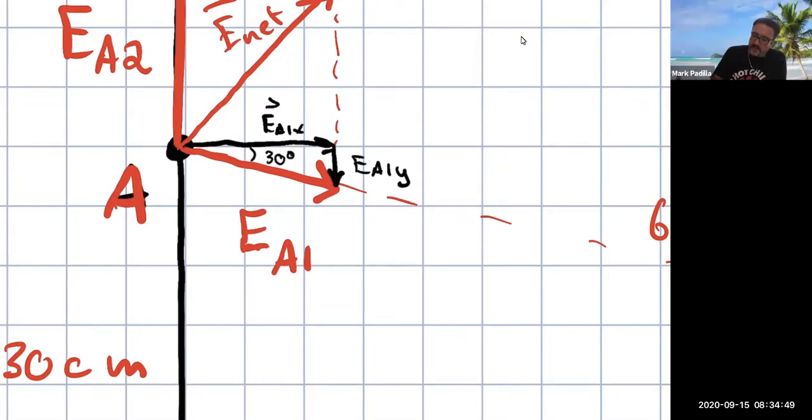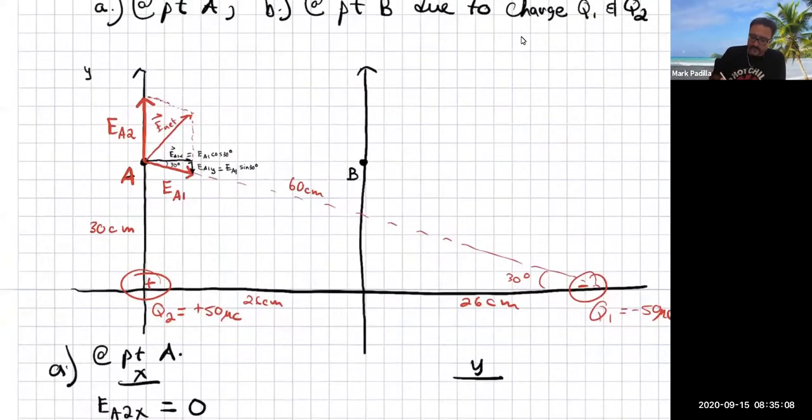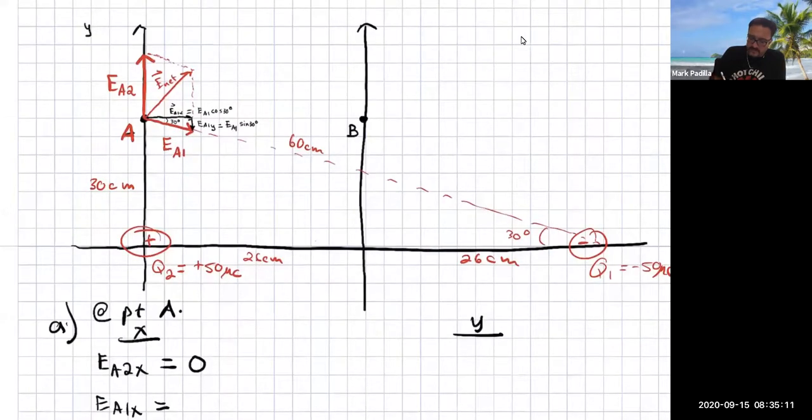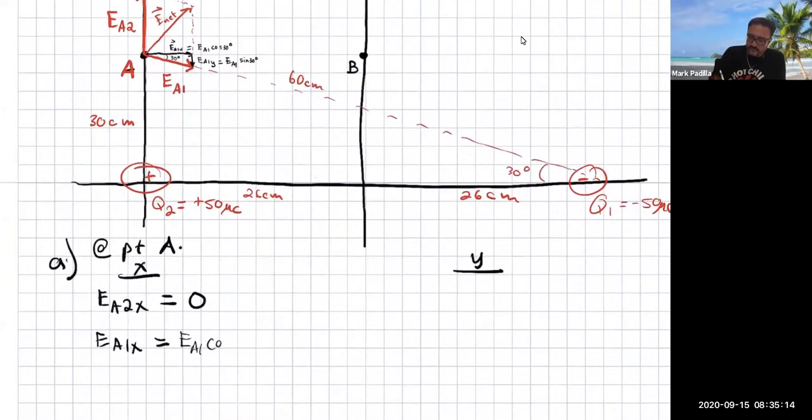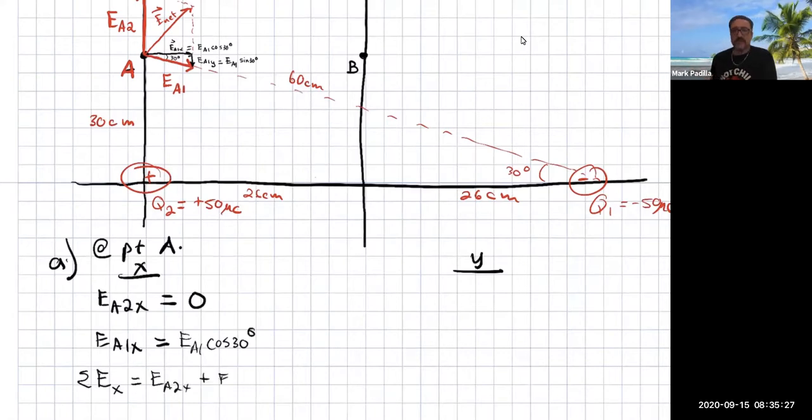So EA1X would be EA1 cosine 30 degrees, and EA1Y would be EA1 sine 30 degrees. Then you would sum up the electric field in the X direction, which would be EA2X plus EA1X. Is this making sense to everyone?